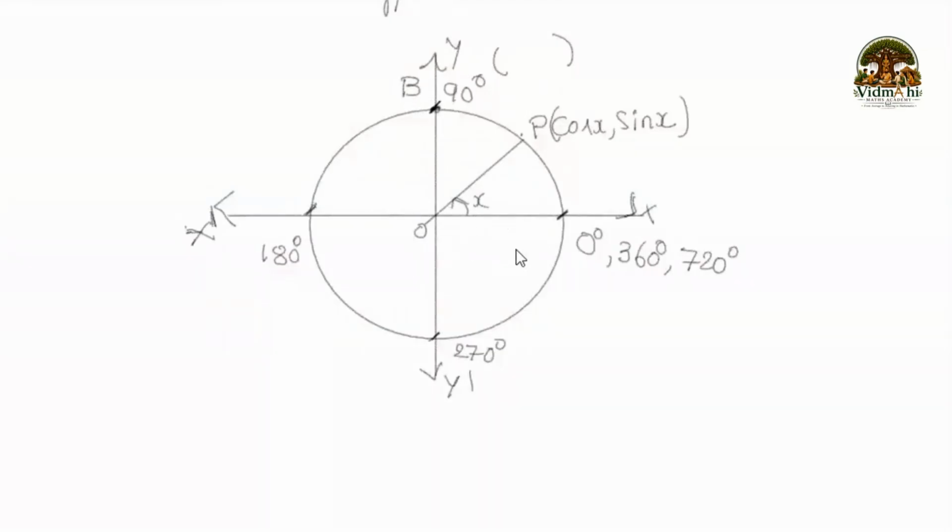This point is B, this point is A, this is C, this is D. Now first tell me the coordinates of A. Since it is at 0 degree, the coordinates are cos 0 degree comma sin 0 degree. Next, for this point B, the coordinates are cos 90 degree comma sin 90 degree.